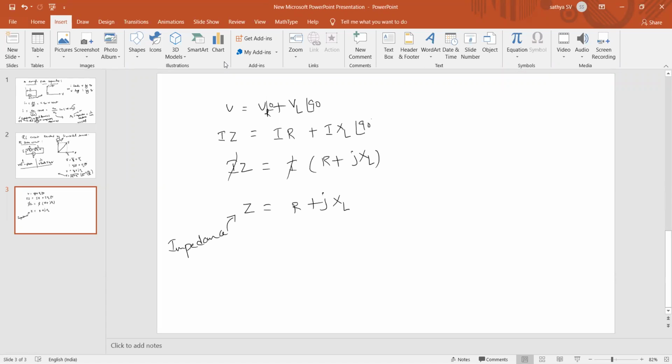If anyone asks you for the magnitude value, the magnitude of Z equals the square root of R square plus XL square, where XL is nothing but omega L. Clear up to now?